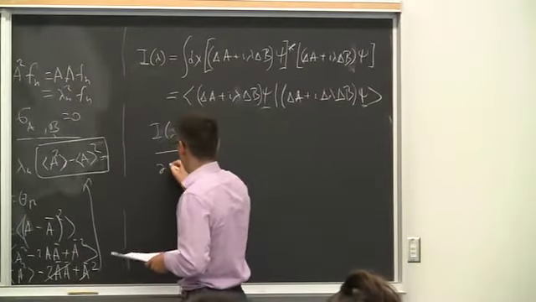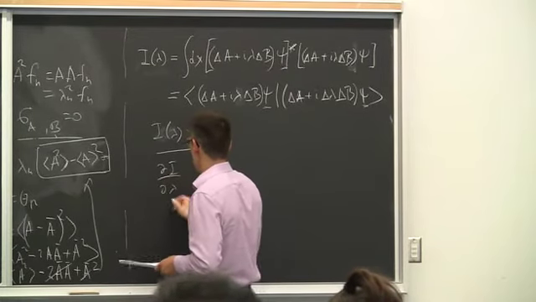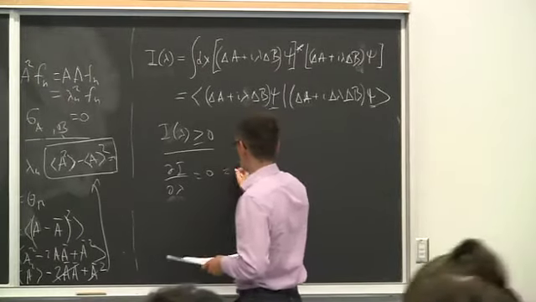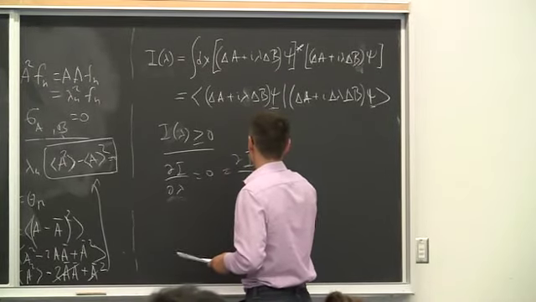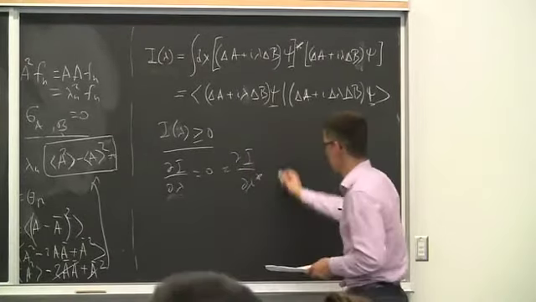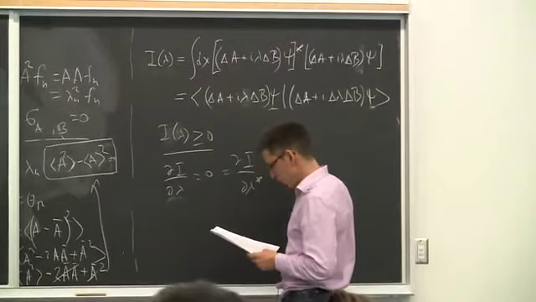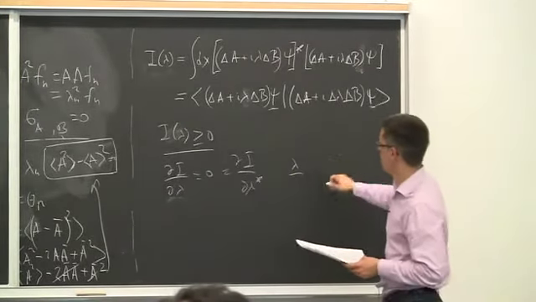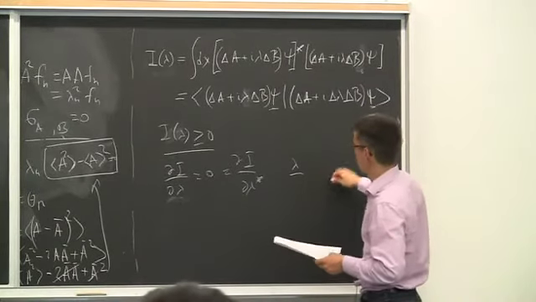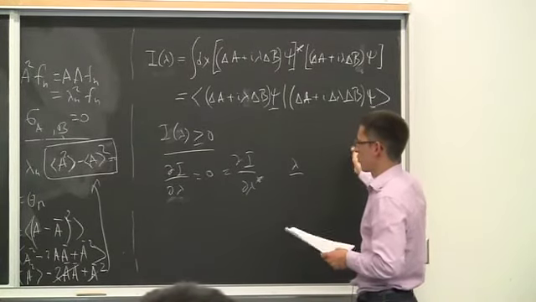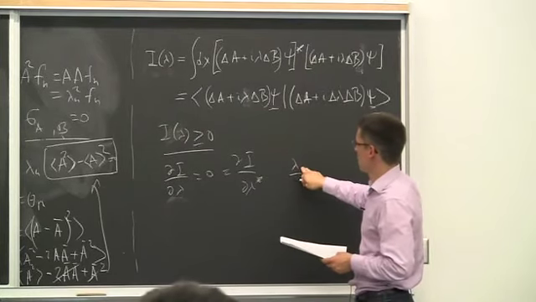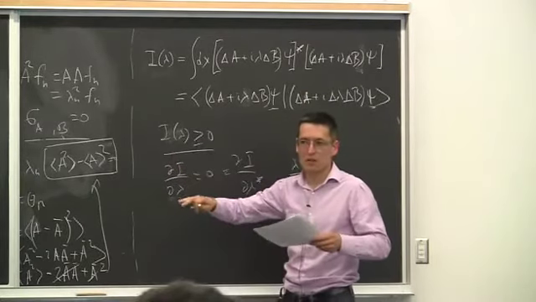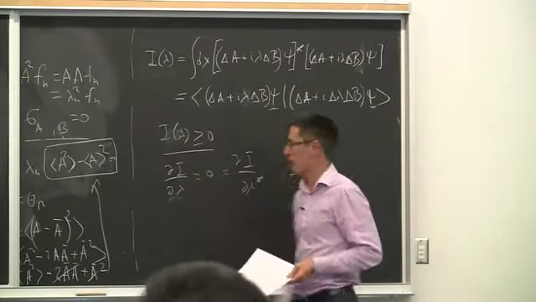We can differentiate now I with respect to lambda, make it 0, and the lambda conjugated also will be 0. So when we differentiate, we will find the lambda which will minimize I of lambda. I of lambda is going to be something always positive, and we will try to find the lambda that, by making I of lambda smaller, still keeps it positive, because by definition I of lambda is positive.